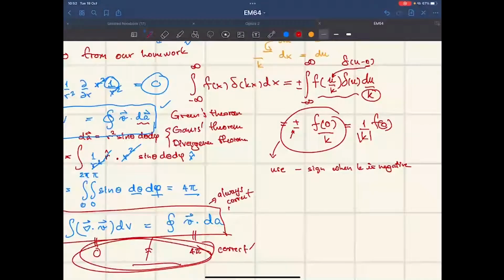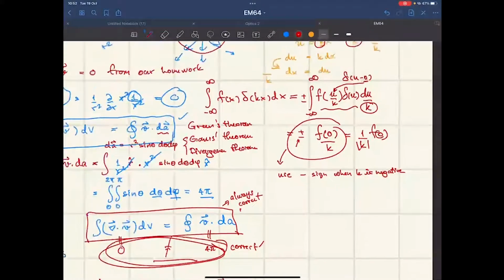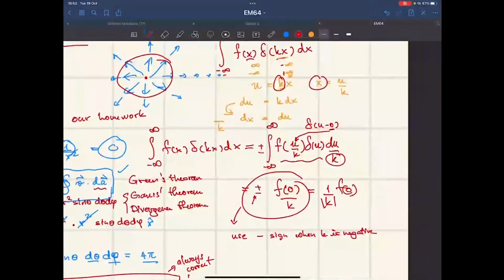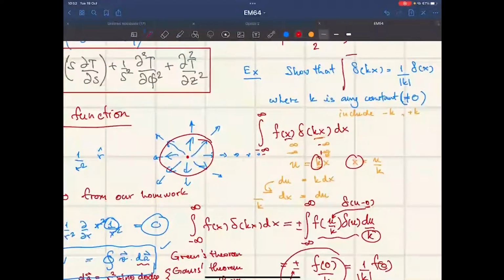Any questions? So by using this relation, we have this actually. Okay, if this is the same here, then this thing is actually proved to be correct.